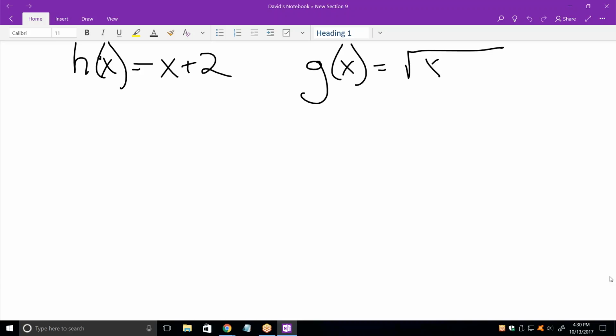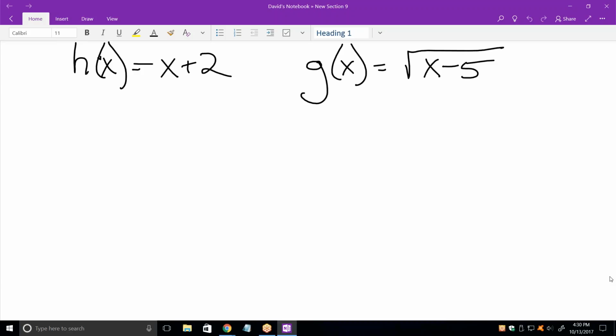Now, notice in this case there are some domain restrictions. In the previous problems we've had, there's been no domain restrictions in the 2 original functions. And yet one of them, when you divided them, we picked up a domain restriction. So when you act on these functions, you can change the domain.